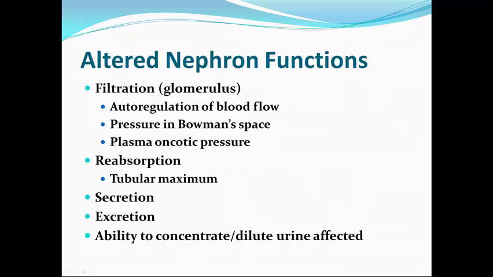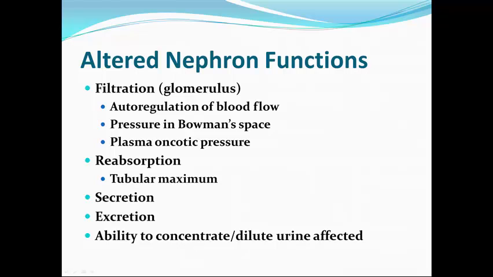If you increase the pressure in Bowman's space, then the difference between the pressure inside the arterioles and that in the space would be altered. Remember, you have to have a net filtration pressure in order for filtration to occur across the glomerular membrane.